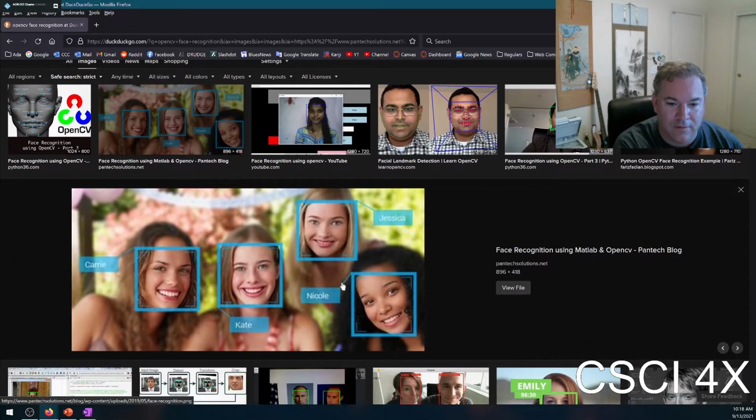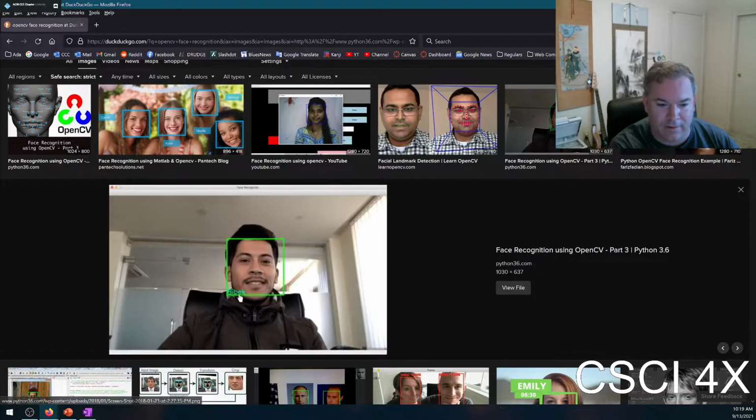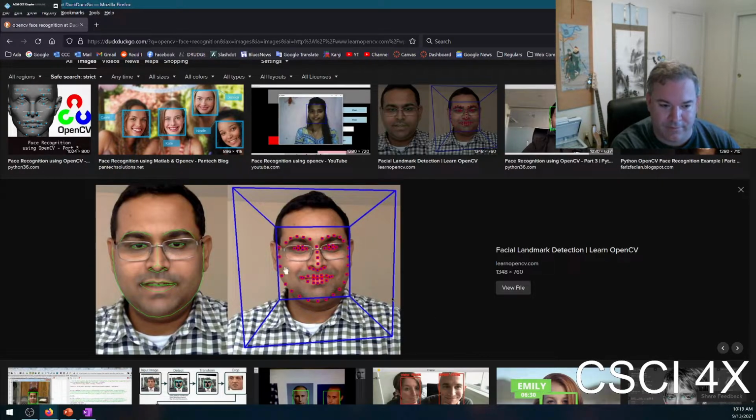Yeah. So you train the OpenCV on a person's face, and then it will tag the person. It looks more like this, right? So it puts a little box around them and says who it is. Yeah, a little terrifying there.